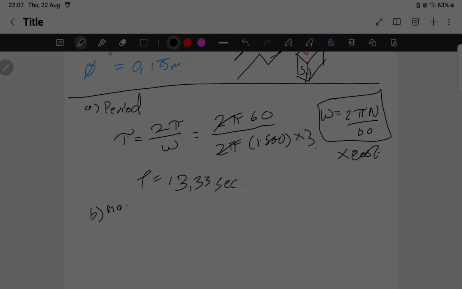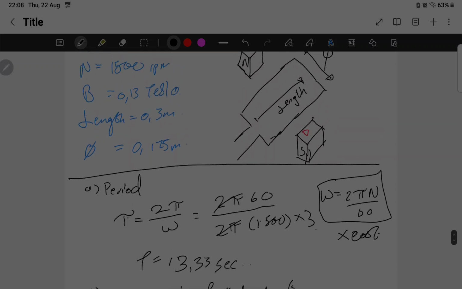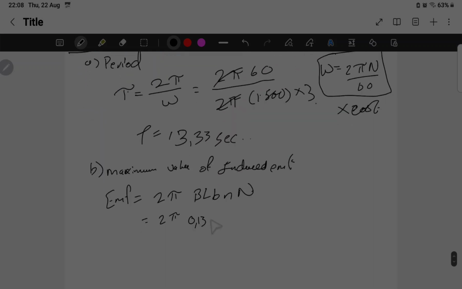Now moving on to B, maximum value of induced EMF. So they want the maximum value of induced EMF. So we know that the EMF is equal to 2 pi B L B N D. Okay, so we have 2 pi. B is for Tesla, which is 0,13.